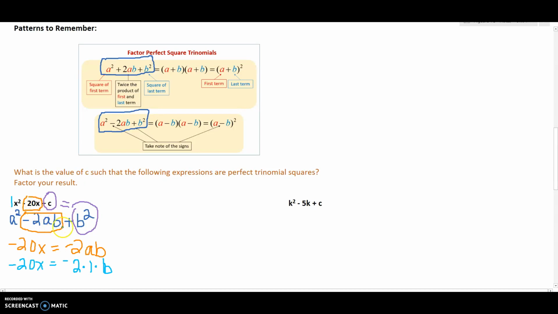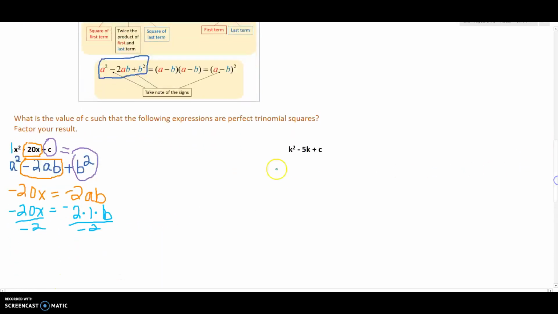And we know that this term should also have an x in it, so we have to divide both sides by negative 2. So we know that b must equal negative 10. So if b equals negative 10, b squared equals 100.